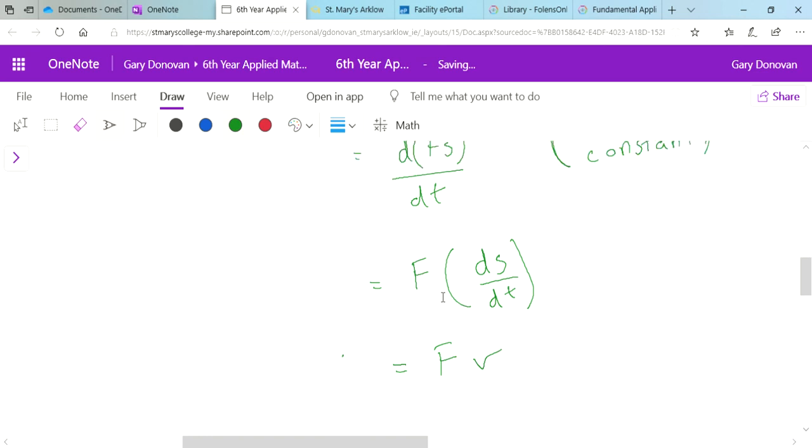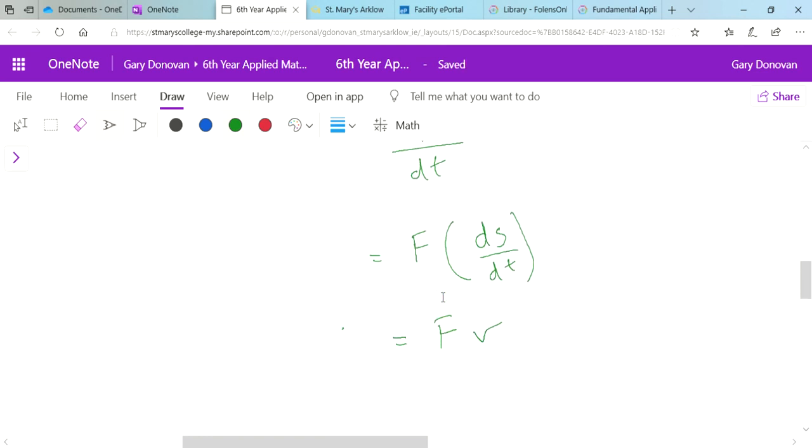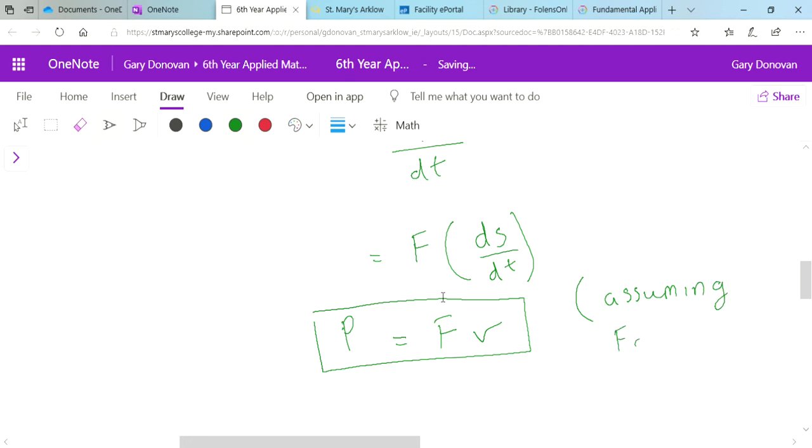So power can also be written as force times velocity, given that the force is constant. So in the next number of questions you're going to be using these relationships that I've just gone through, so make sure you take a note of them, and then I'll do an example in the next video.